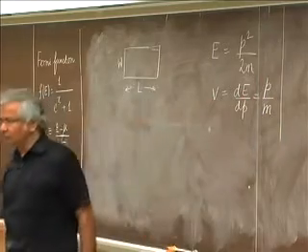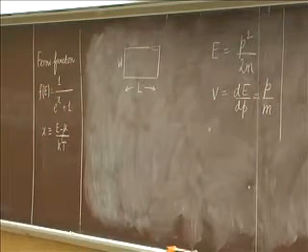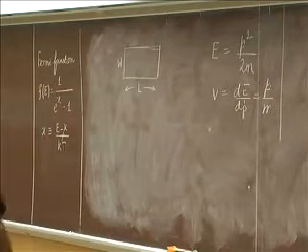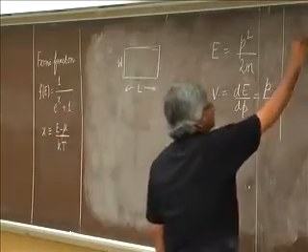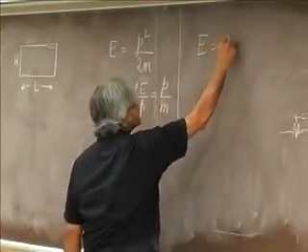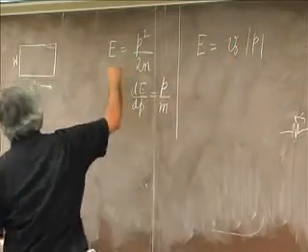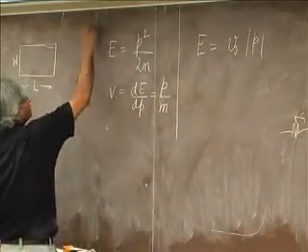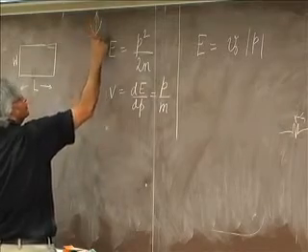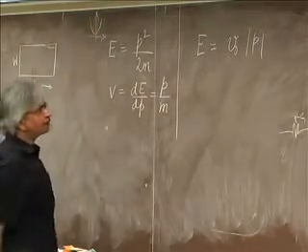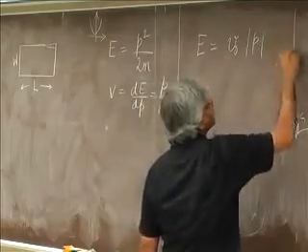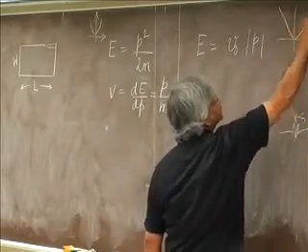Now the other material of great current interest is graphene, for example, where E looks like some constant times P. So this one, if I were to plot it, it would have looked parabolic. This one, if I plot it, it would look like this.